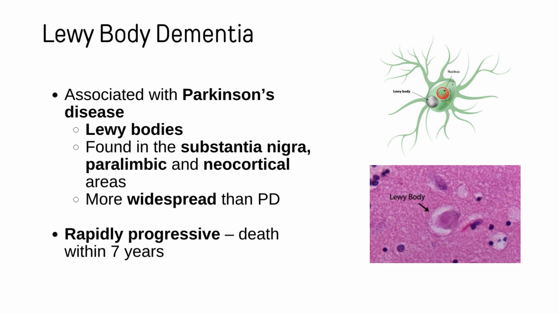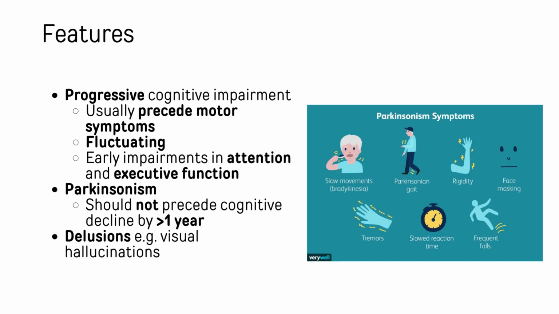There's also a fluctuating cognition, so in terms of this, there will be a progressive cognitive impairment. The Lewy body dementia will usually precede the motor symptoms.